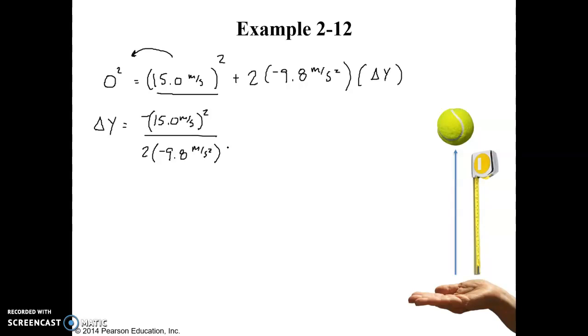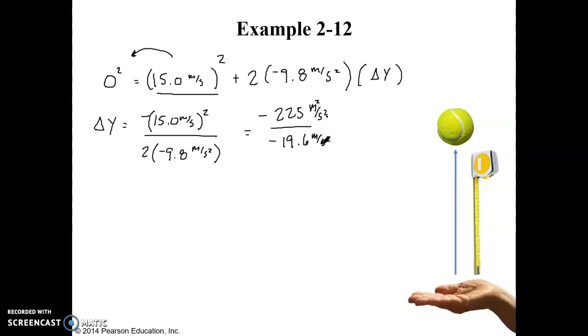Just the second squared there. Okay, and so this will be equal to negative 225 meters squared per second squared divided by negative 19.6 meters per second squared.